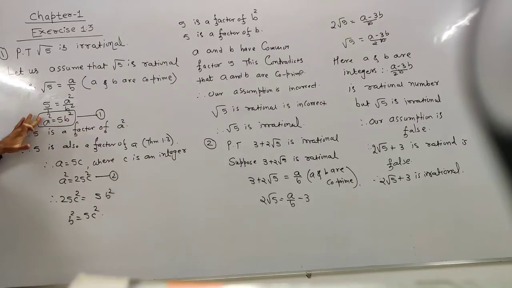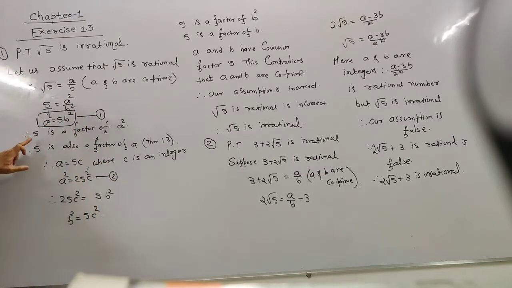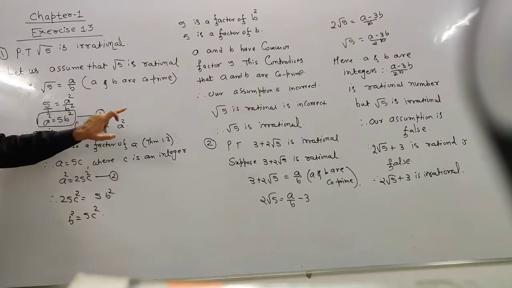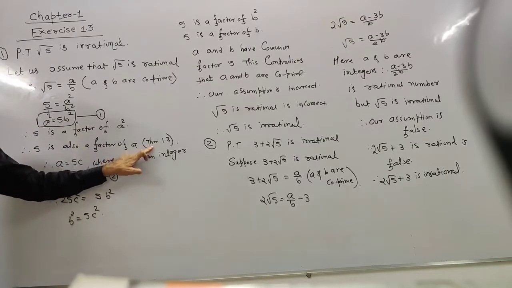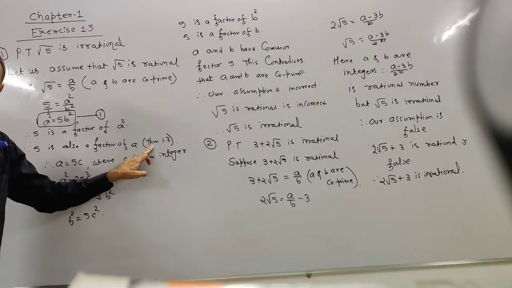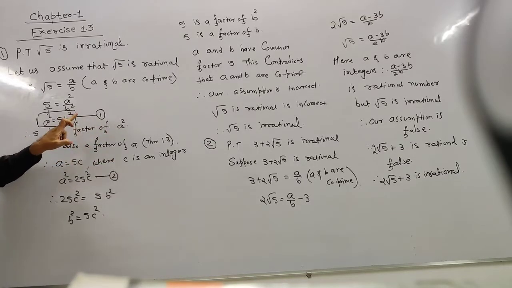From this we can say 5 is a factor of a square, because a square is in the form of 5b square. But we have studied in lecture number 1, theorem number 1.3: if a prime number is a factor of a square, then the prime number is also a factor of a.